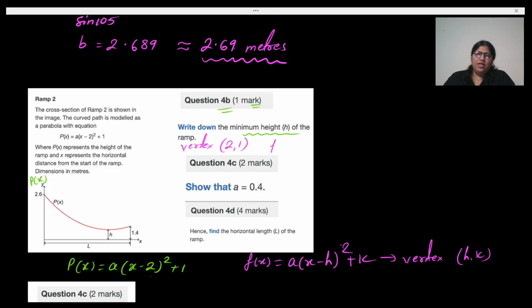So what is going to be the height? The height is the y coordinate, because this is x, this is P(x), and P(x) represents height. So the height is going to be 1 meter, because everything is given in meters.